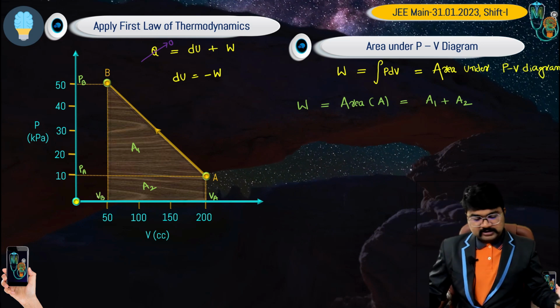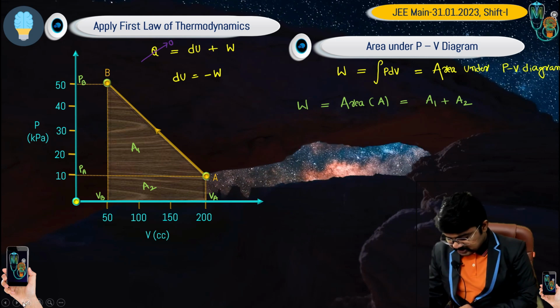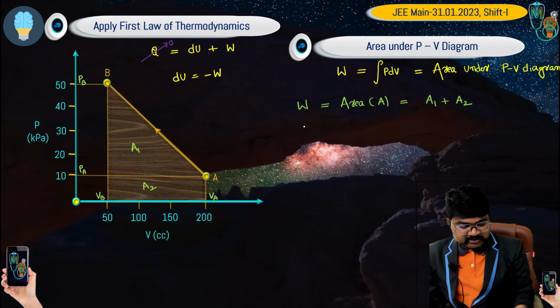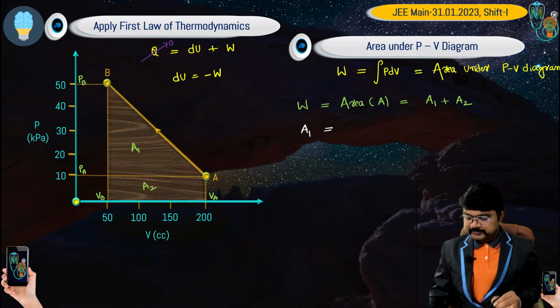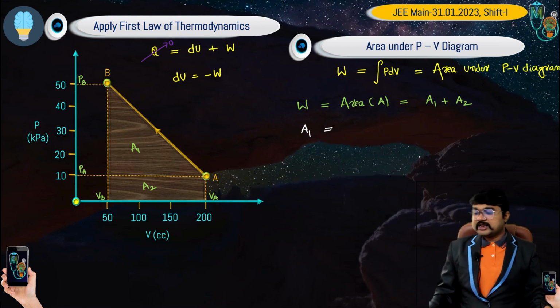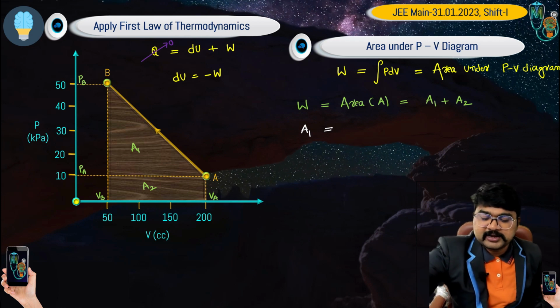Now tell me, how do we calculate area A1? It is the area of the triangle.